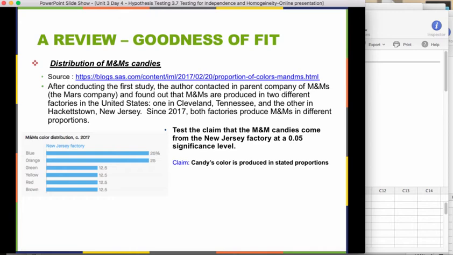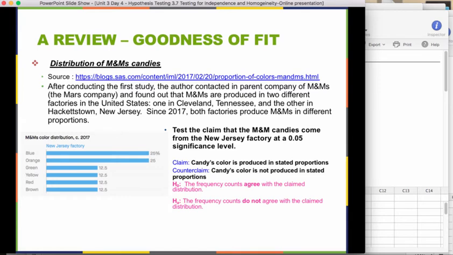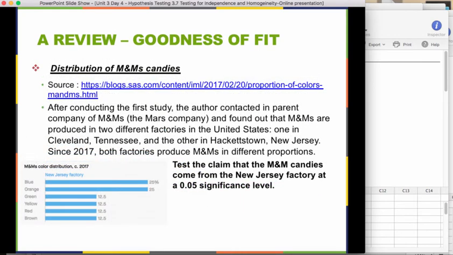So that's the claim. The counterclaim would be that it's not produced in the stated proportion. So again, the null hypothesis is that the frequency counts agree with the claim distribution, and the alternative hypothesis is that they do not. So let's do some tests.